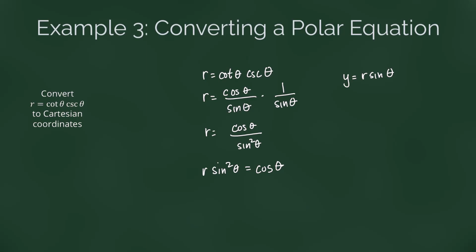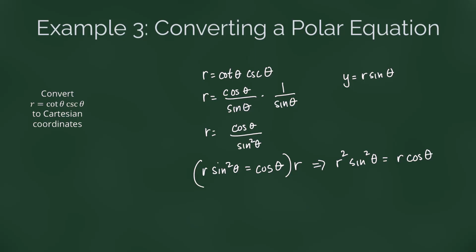So here we have to use a little bit of a trick. What we're going to do is multiply our entire equation by r. That then gives us that r squared sine squared of theta is equal to r times the cosine of theta.